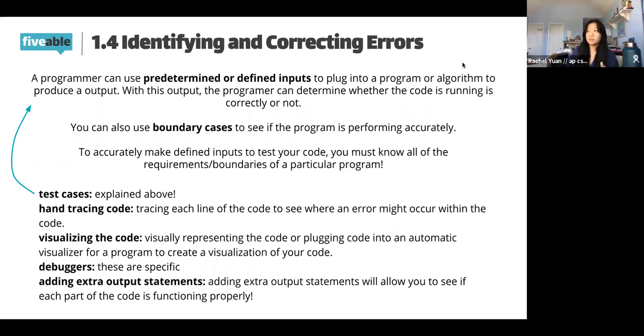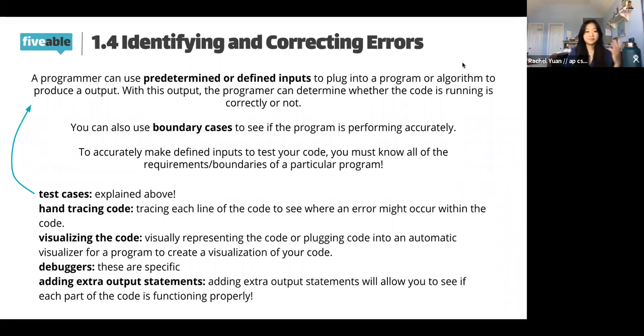And that would be the quickest way to find an error. There's also visualizer programs online that can take your code and make a visualization of it quite easily. So that's also another really important tool to use.